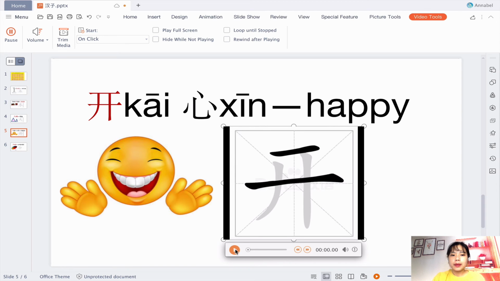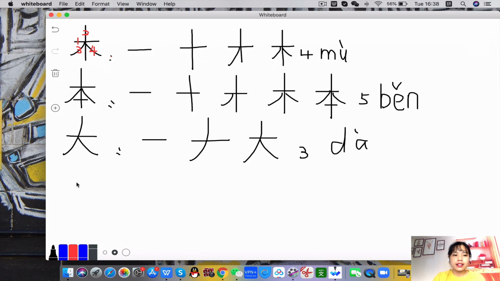横撇竖, 开心的开. Let's write together. The first stroke is 横. Second is 横. The third is 撇. The last one is 竖.